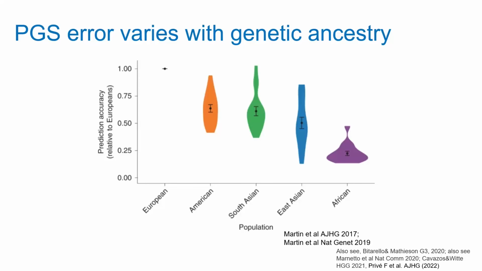It's showing the predictive accuracy of polygenic risk scores, all referring back to the European ancestry training data. So you see here on the first column, accuracy of 100% in European ancestry individuals. Then if you move to, I'm going to use quote marks, American individuals, the predictions are around 50%, then South Asian, East Asian, African, and so on and so forth.